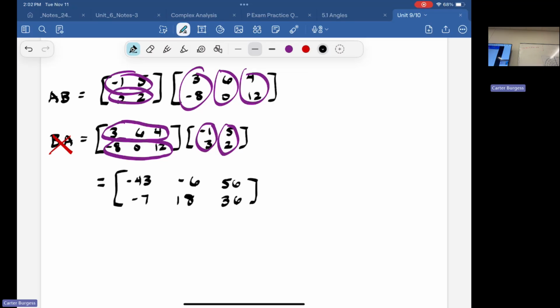Questions about matrix multiplication? Someone in first period asked me a question that I really liked a lot, actually.